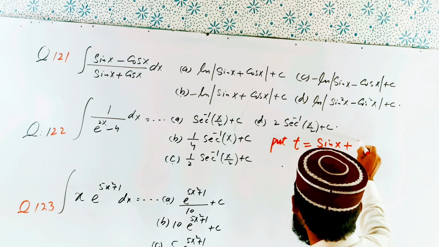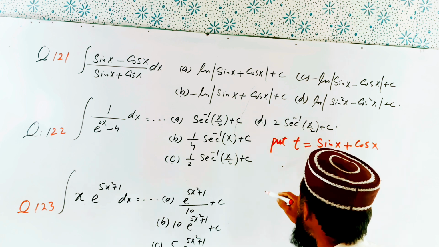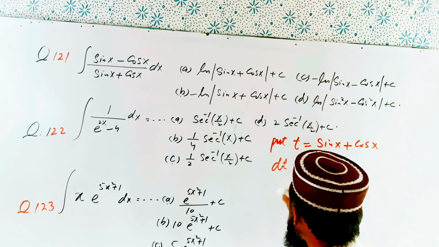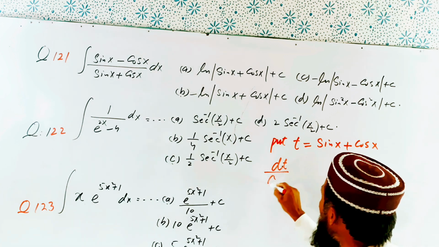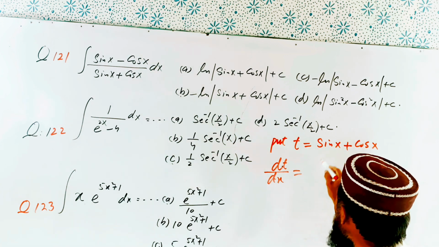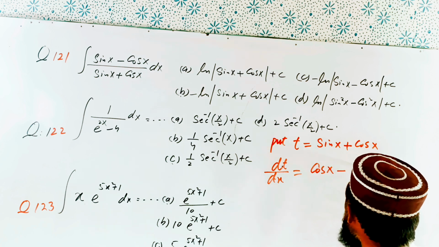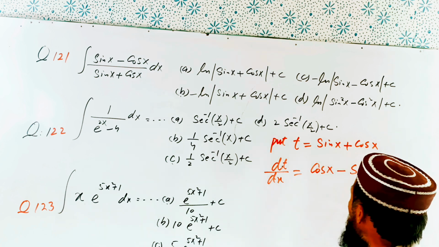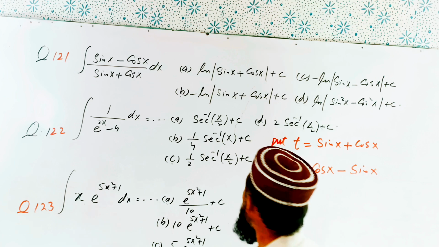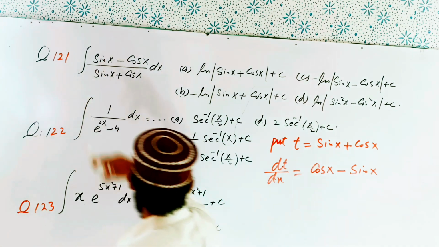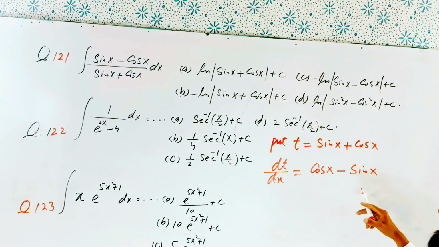plus cos x. If we differentiate with respect to x, we can write dt by dx is equal to the derivative of sin x, which is cos x, and the derivative of cos x, which is minus sin x. But look here, in the actual question we require sin x minus cos x.